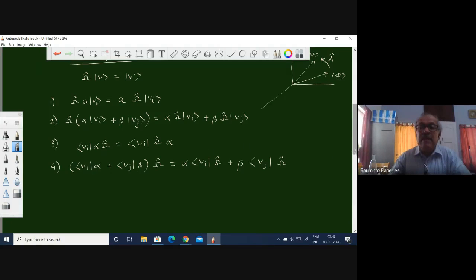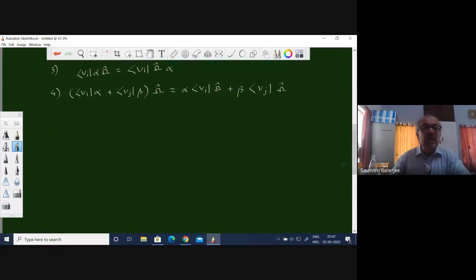Now let us see. We have already learned the character and properties of this operator. This is an operator. This we have learned as the projection operator, right?